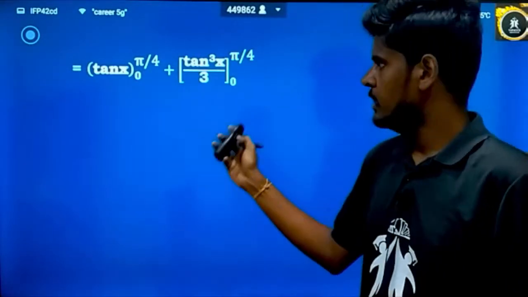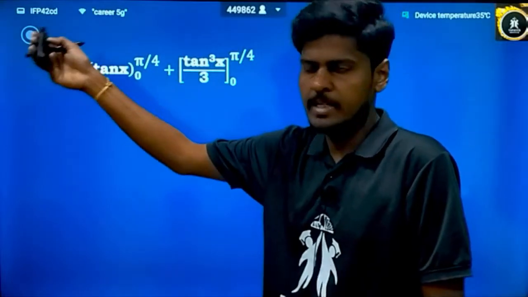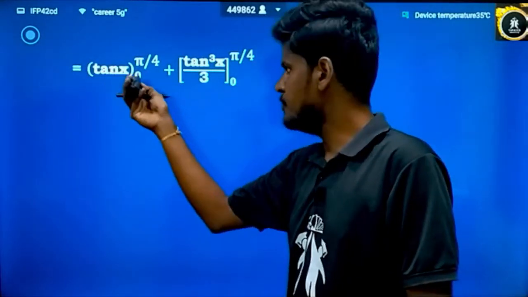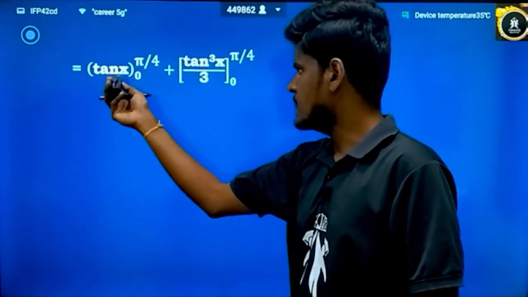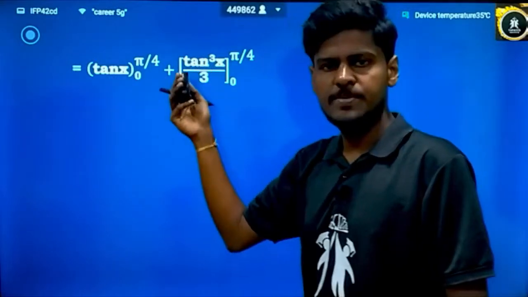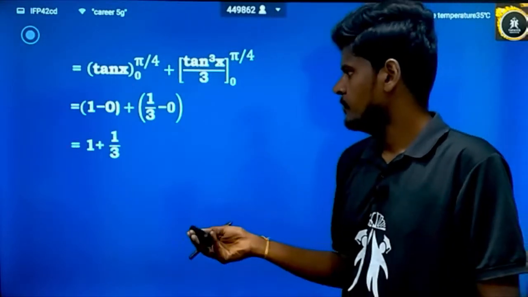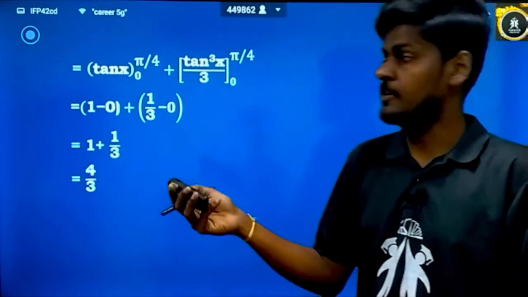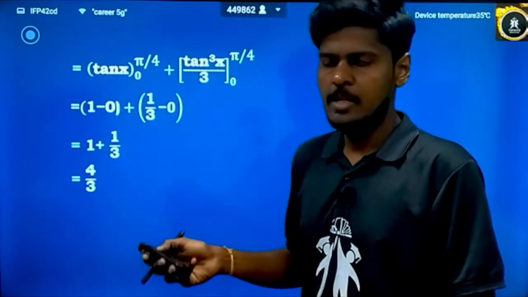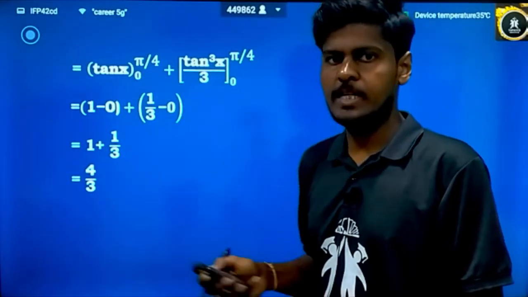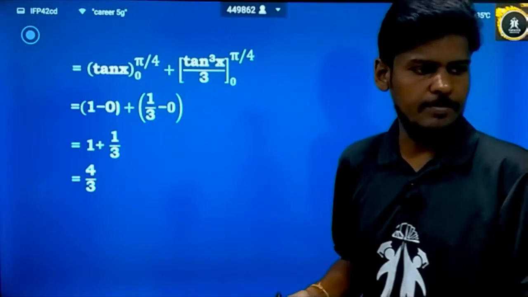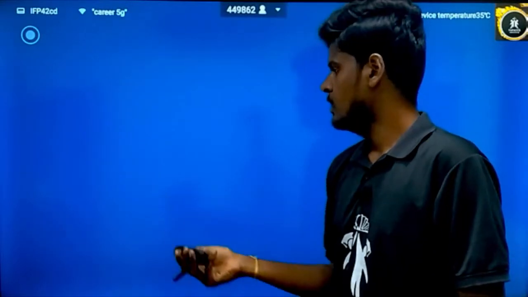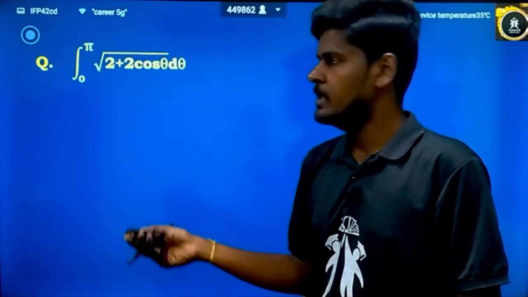Here they had converted the value t back in terms of x, so that is tan x plus tan cube x by 3. You can do it either way, but always try to prefer the way we have done this. Always change the variable so there is no mistake while solving. Answer is 4 by 3.